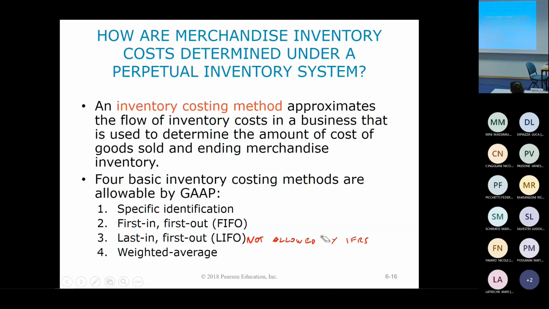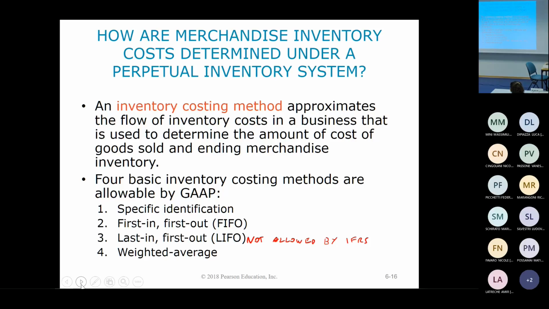This straight line here, this is the bug. I cannot get rid of this. So LIFO is not allowed by IFRS. But as I said, it's quite common in Italy, so we need also to learn how it works.